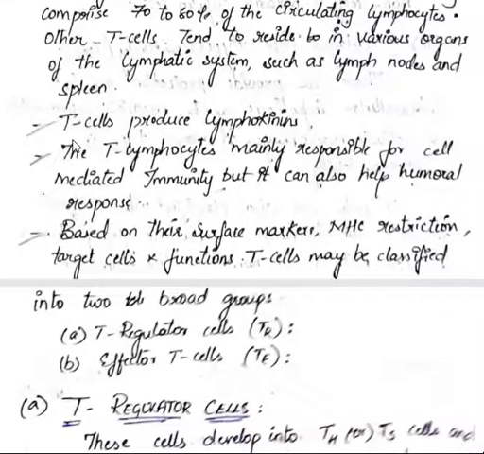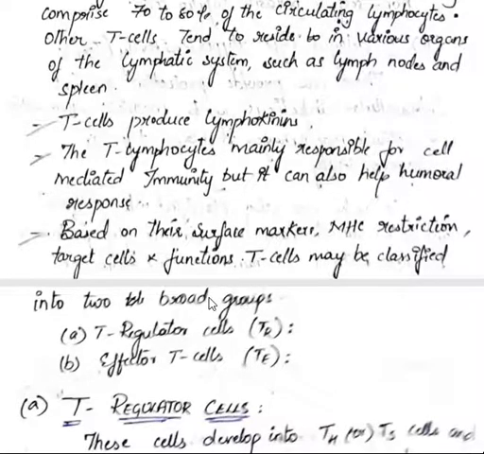Then coming to these T cells, they produce some lymphokine substances, and they are mainly responsible for cell-mediated immunity. But they can also help the humoral response. Remember, the T lymphocytes are mainly responsible for cell-mediated immunity, but they can also help the humoral response.